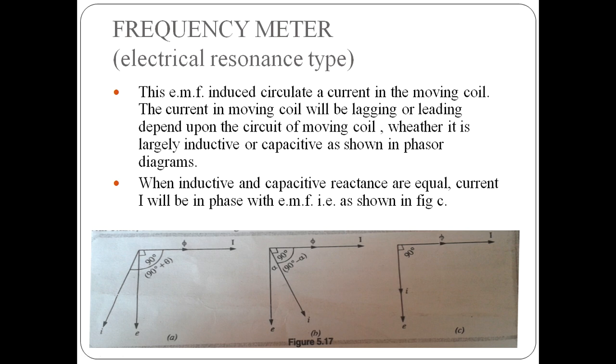Here resonance occurs, XL equal to XC, and the current and EMF will be in the same phase. In one figure the current lags the EMF, and in the other the current leads the EMF, for the inductive and capacitive circuits respectively.